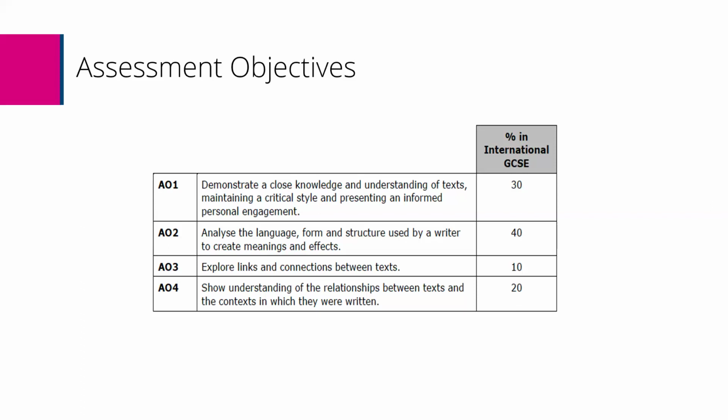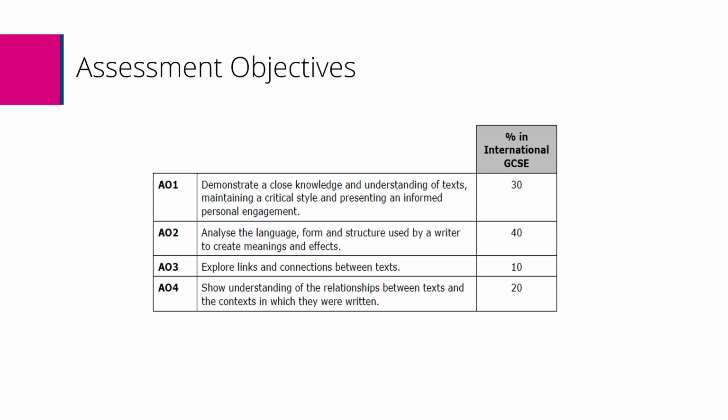So AO1 is about knowledge and understanding, the critical style, the informed personal engagement, and that's 30% of the final grade. AO2 is the analytical, the analysis of language, form and structure. So it's the analytical assessment objective, and it's 40% of the final grade.